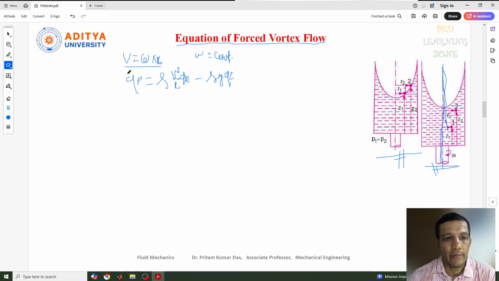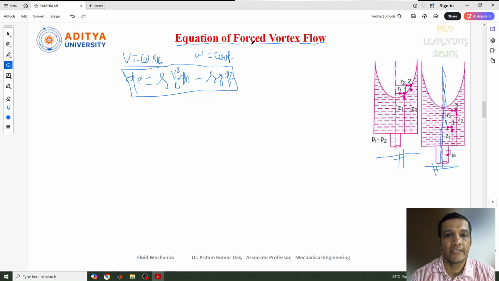If you do not remember or have not seen the previous video, this is the pressure variation of a rotating fluid. The dz term comes from the hydrostatic law in the vertical direction, and the dr term is in the horizontal direction for the rotational condition. That's why we got this equation, which is actually the generalized equation for the vortex flow.